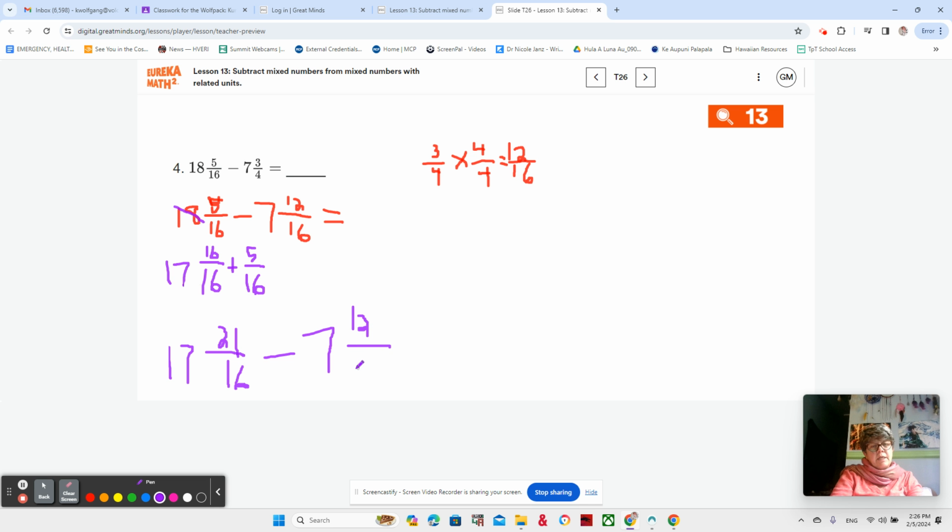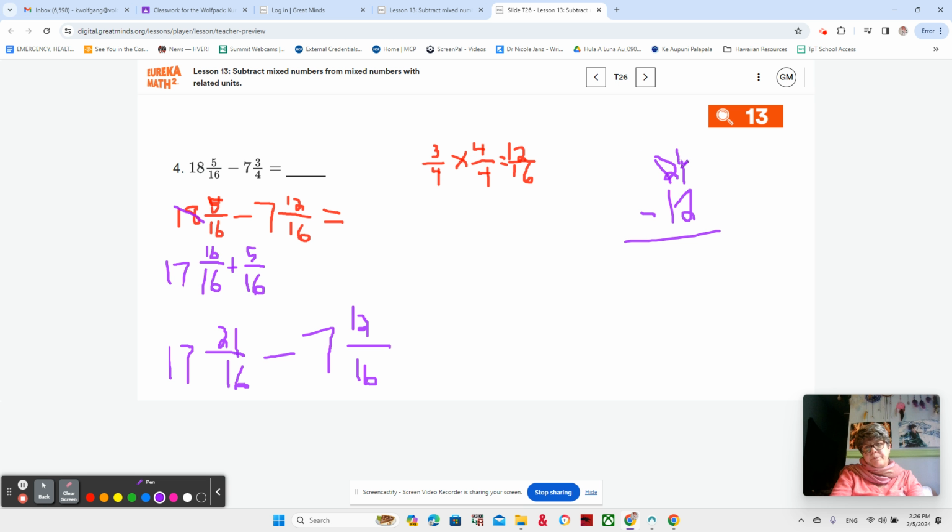Now we can do the subtraction because we can subtract 12 from 21, right? And no problem with writing it down to make sure that you got it correct. You don't always want to do things in your brain because you might make a mistake. All right? 11, right? Because 1 minus 2, we can't do that, right? Just like we can't do 5 minus 12, we can't do 1 minus 2.